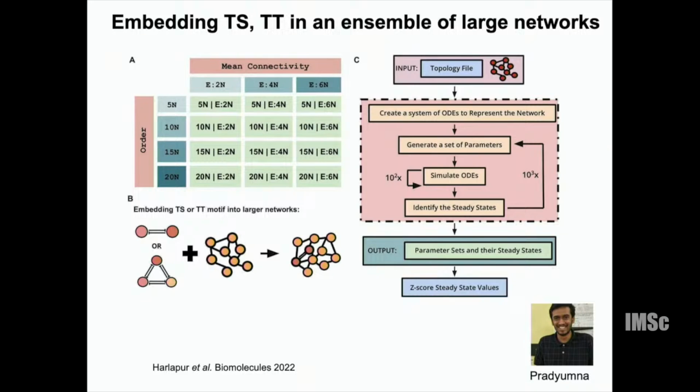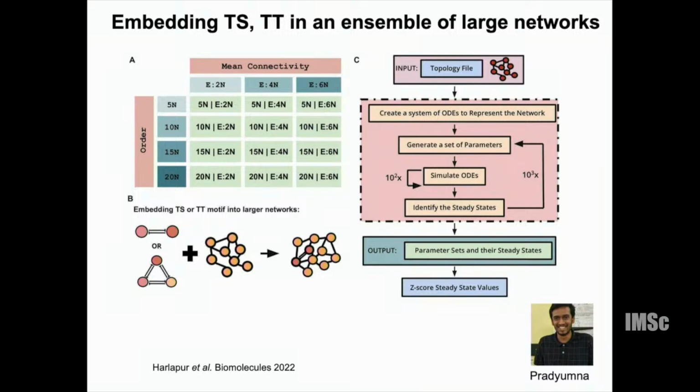So the number of edges is equal to twice the number of nodes, 4 times the number of nodes, or 6 times the number of nodes. So you have these 12 combinations here. For each of these combinations, we have taken 100 networks. For instance, here you have 100 networks, all of which have 5 nodes and 10 edges. There can be many, many combinations like this, so we bootstrapped and took 100 combinations and then embedded in these a toggle switch or a toggle triad.